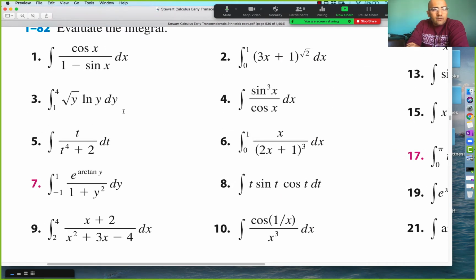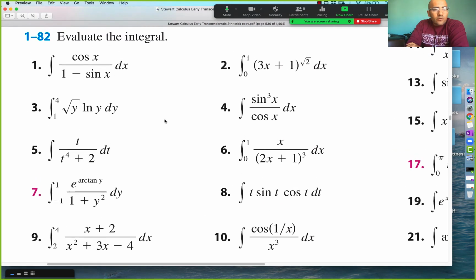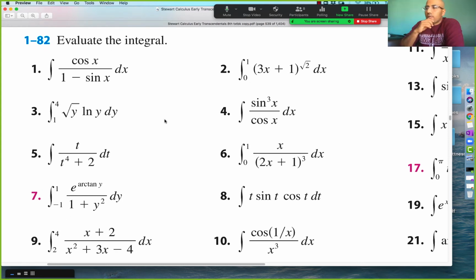Number 3. Any thoughts on what we should do there? What technique would help on number 3? U substitution, maybe?